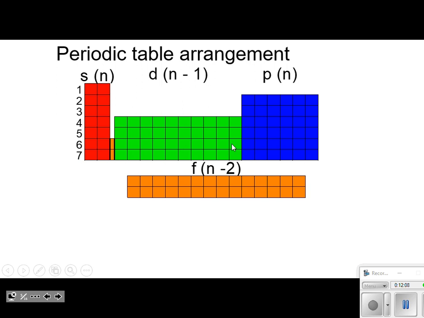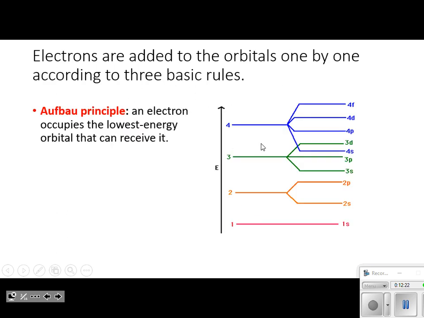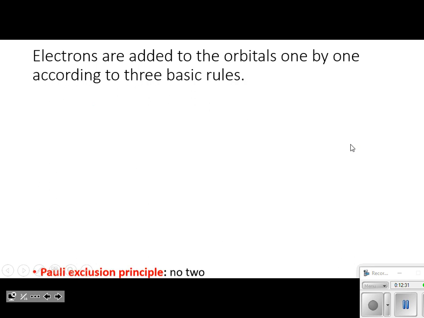Now, you remember when I showed you the slide and said there's overlapping that is occurring? Our first overlap, let me go back here, is 4s and 3d. So 4s fills up before the 3d orbital.